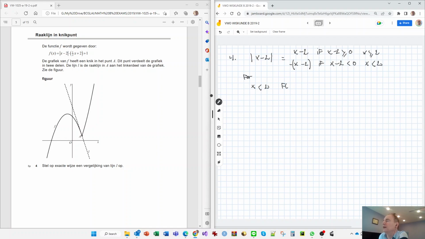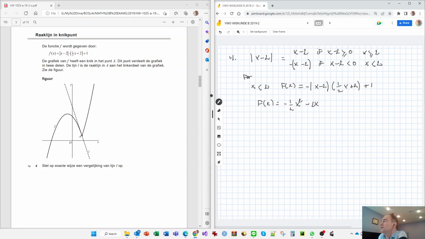We have that f(x) is simply minus (x minus 2) times (1/2 x plus 2) plus 1. So let's work this out. I get minus 1/2 x squared, and then I pick up a 2x here. Why don't I just write it out?